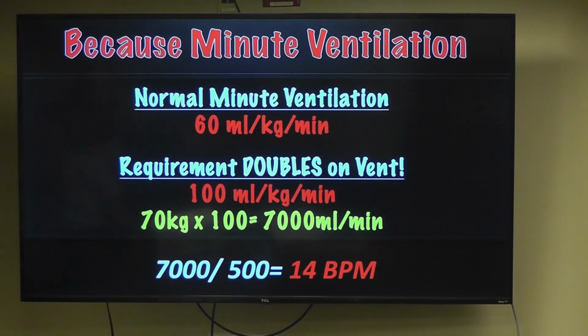So we're going to back plan off of this to what ventilator settings we need to use. If I need 7 liters a minute, and I'm going to go with a 500 cc tidal volume, and we'll get into how we select that tidal volume and rate here in a second, I need at least a rate of 14. Does that make sense? We're going to figure out our goal minute ventilation, and then we're going to figure out our rate and tidal volume off of that.